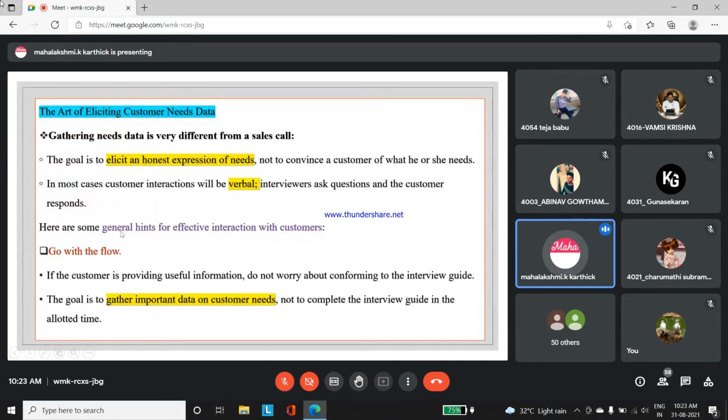So here are some general hints for effective interactions with the customer. What are the effective hints you have to follow for the art of eliciting customer needs? Some points have been given for us. Go with the flow. The first point is go with the flow. Try to understand, students, these subheadings come under the art of eliciting customer need data.